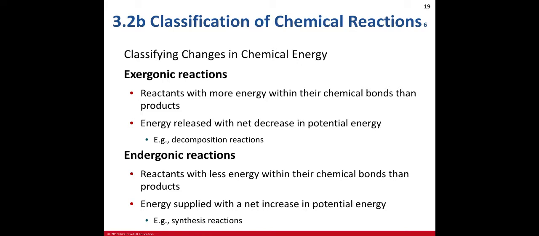We go from high energy to yielding something with a lower energy. And that is a decomposition reaction. Endergonic reactions are reactions with less energy in their chemical bonds than the products. So we are going to increase our potential energy. And this example is a synthesis reaction.